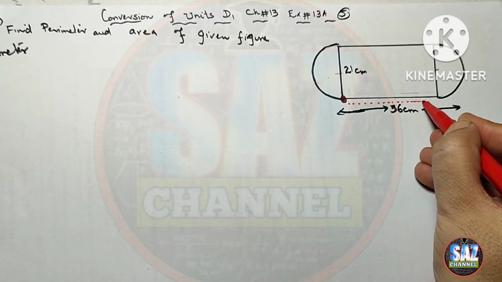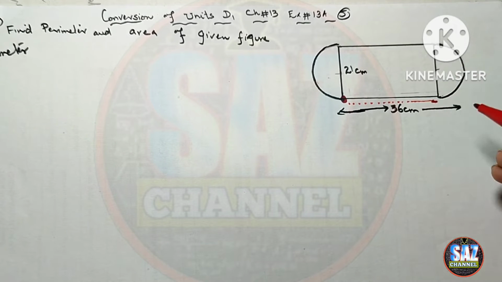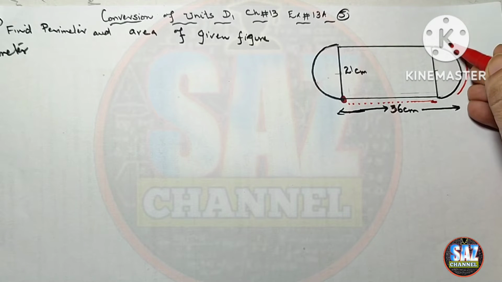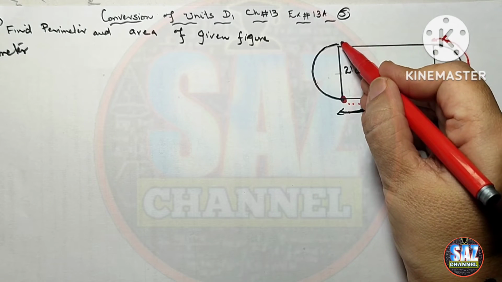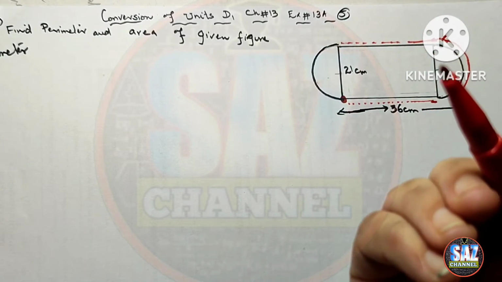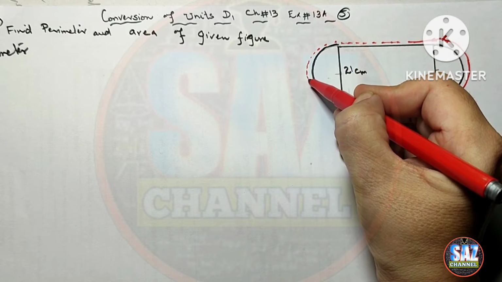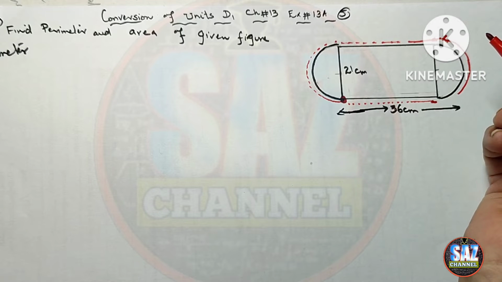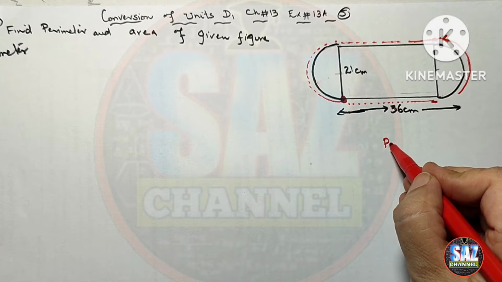First I have to move from this point to this point, and after reaching this point I have to take this circular turn, and then again after reaching this point I have to take this straight movement, and then again a circular movement, and reach the starting point. So perimeter means the distance around the edges of the shape.